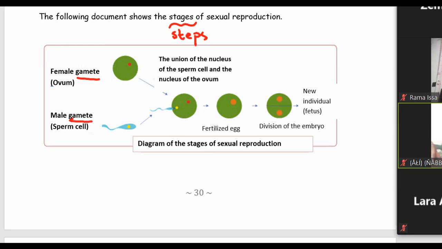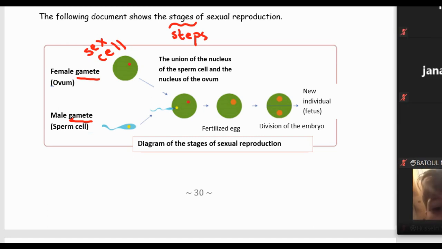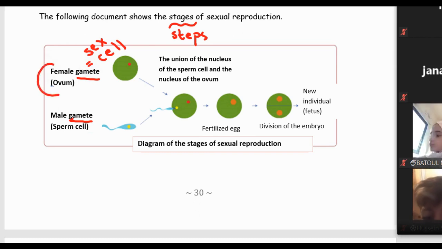This is the word gamete. Gamete means sex cell. You can say female gamete or female sex cell, both are correct. Please write the meaning of the word gamete. Gamete means sex cell. So I have the female gamete and the male gamete.